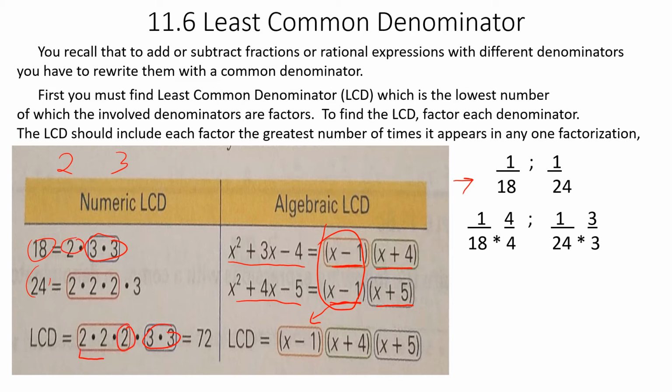What is left here is the 2 times 2, which is 4. That's why I'm taking 4 times 18. Another way to think about it is that this is 72, so 72 divided by our number 18 would give you 4. So there are two different ways to find out that you're going to be multiplying 4 on the top and 4 on the bottom. It depends on how you're looking at it.